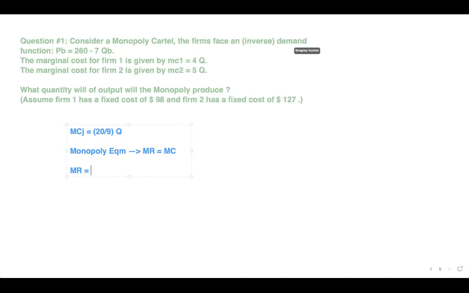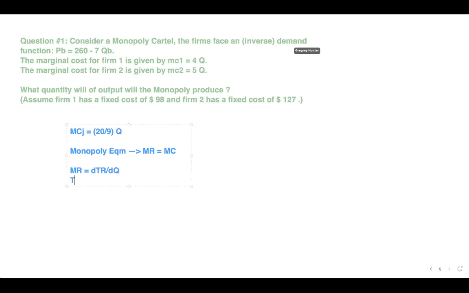Yeah, so actually what you did do, and I'll just write it here, you got the right answer, but you said the wrong method. Remember that the marginal revenue, by definition, is the derivative of the total revenue function with respect to output, right?